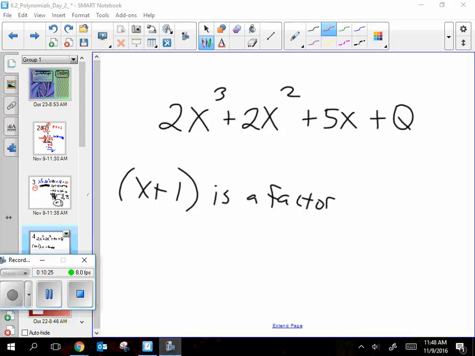Okay, since I'm just trying to show you that they don't always come out and say that -1 will make this thing equal 0, because that would be too easy. They might say that's a factor, and you have to go, okay, well, if that's a factor, then -1 is a root or a 0. So that means this whole thing will equal 0 when I stick in -1.